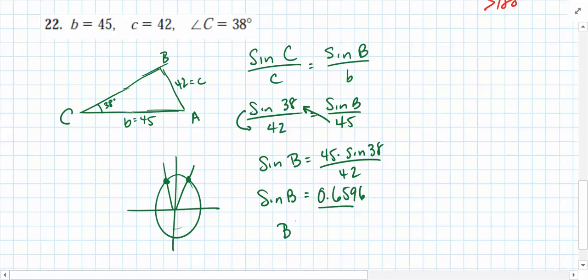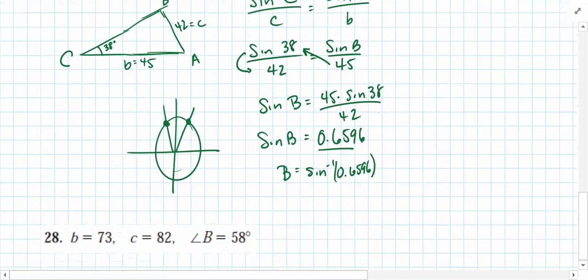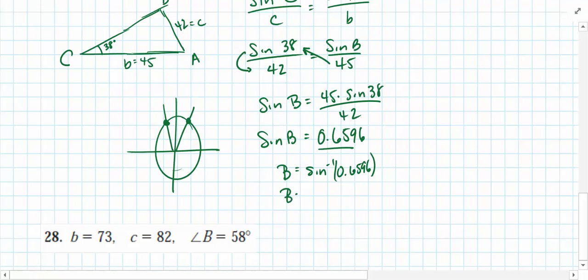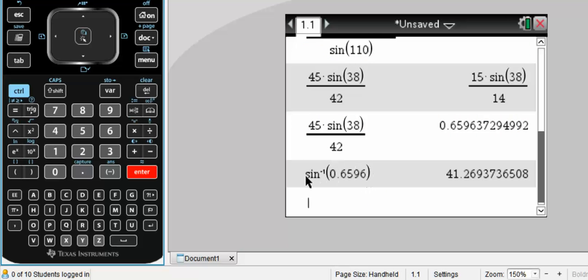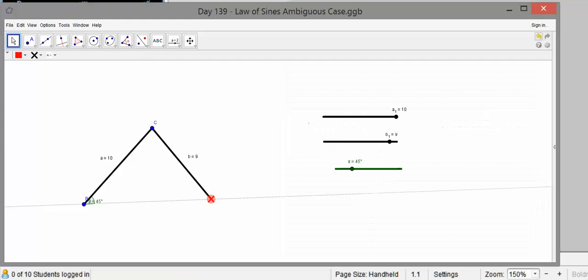So one of the results is going to be sine inverse of 0.6596. And the other might be the supplement of that. In this first case, B might be equal to 41.9624. And I got that from calculating sine inverse of the decimal we just found a moment ago.